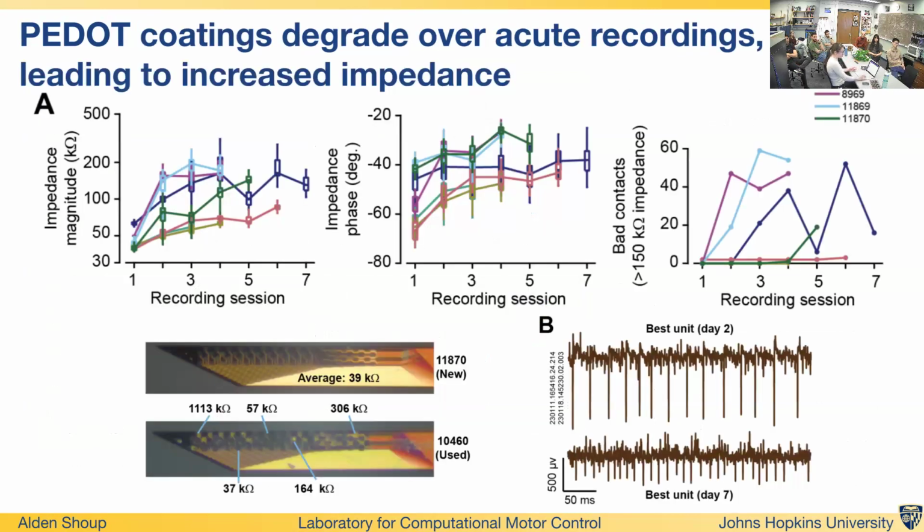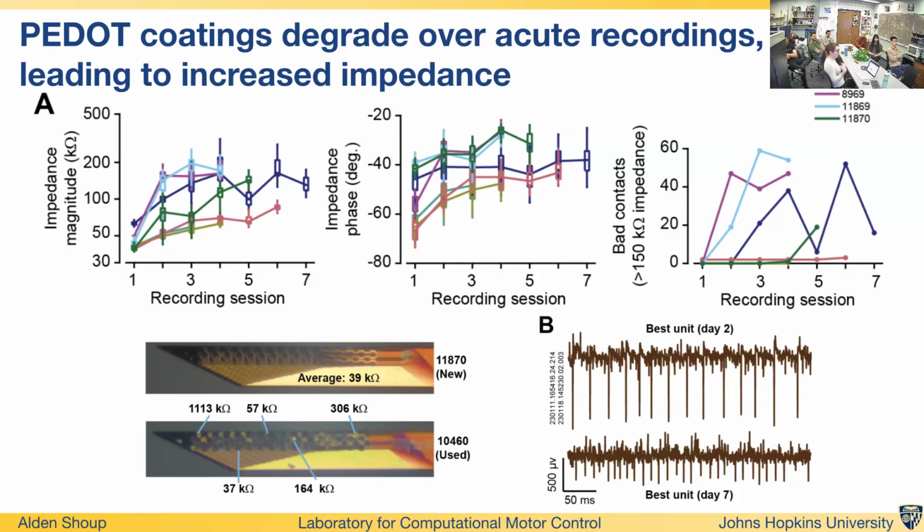we look at our own electrodes and we see this effect of the coating degrading over our recordings, leading to increased impedance. So a common thing for labs to do during their recording sessions, or before the recording sessions, is to record the impedance of the electrode. And that gives us a relative measurement of how good your electrode is.